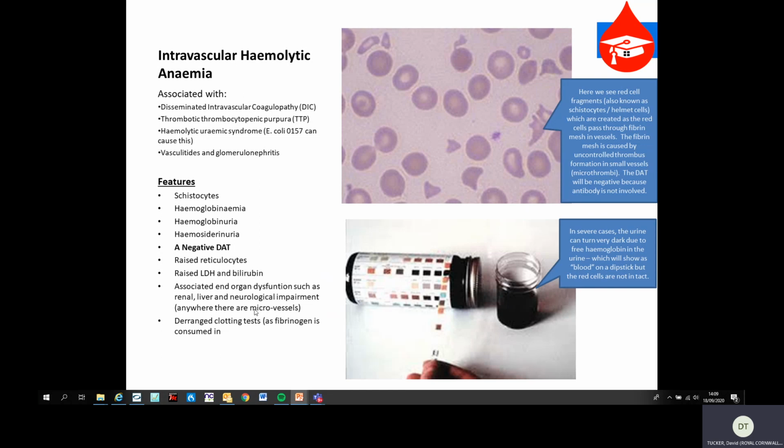So small vessels of the kidneys, the brain, the liver can cause renal dysfunction, liver dysfunction, and sometimes neurological impairment. And because this is caused by uncontrolled clotting problems, the fibrinogen is usually consumed, and the other clotting tests can be deranged.